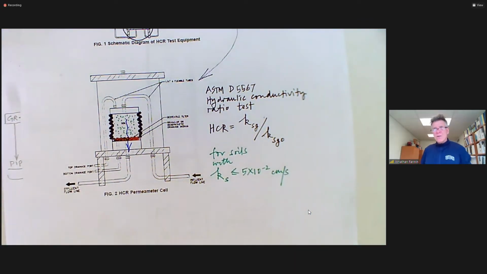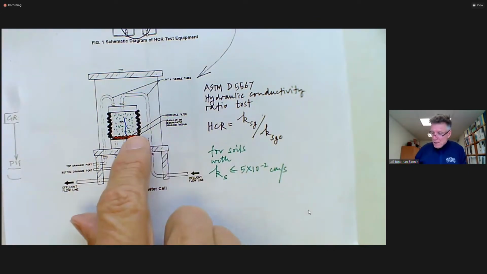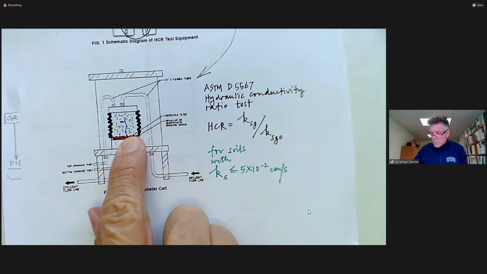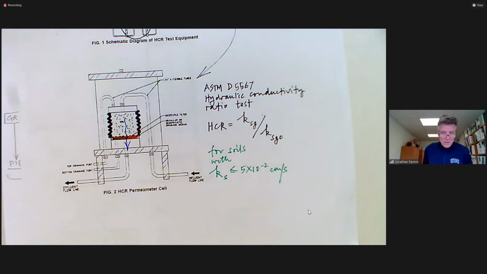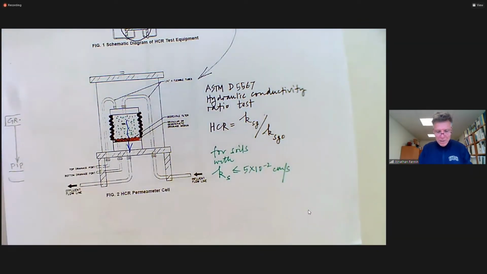I think it's now also reported with regard to whether the soils have a plasticity index. If they have any kind of plasticity, which implies they're pretty fine grained, then run this flexible wall test. It has the attraction, of course, that you can back pressure the system and test the soil saturated. In principle, it's probably a nicer test, because with the gradient ratio test you can't back pressure the soil, and that's arguably a bit of a limitation.